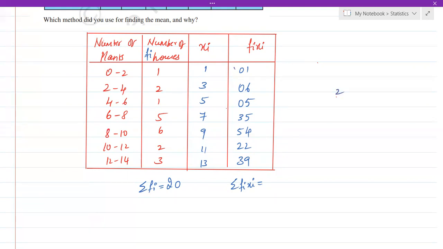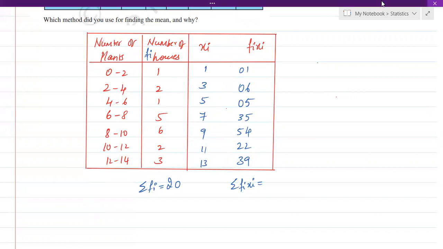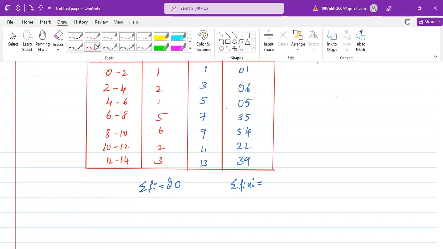Let me write this 3 here. 3 plus 3, 6, 6 plus 5, 11, 11 plus 2, 13, 13 plus 3 is 16. So therefore we get 162 as the answer. So if you add all the summation fi xi, it will be 162.